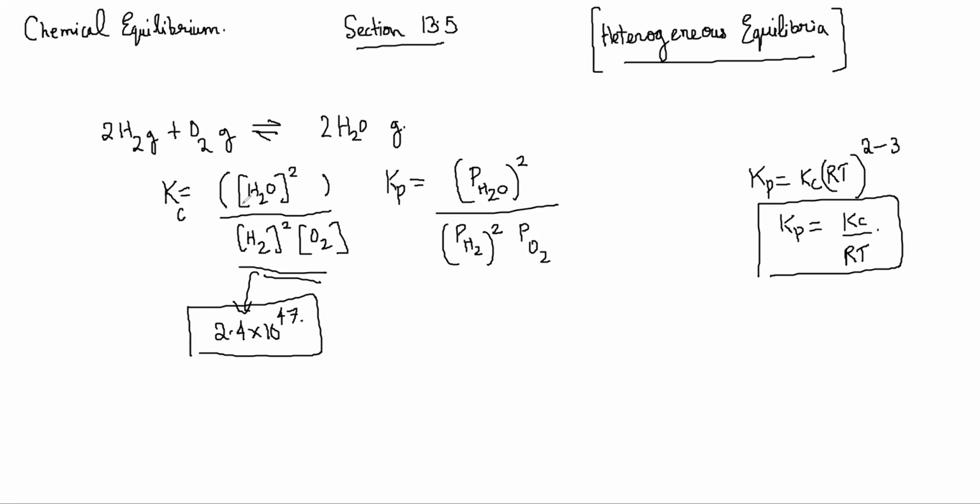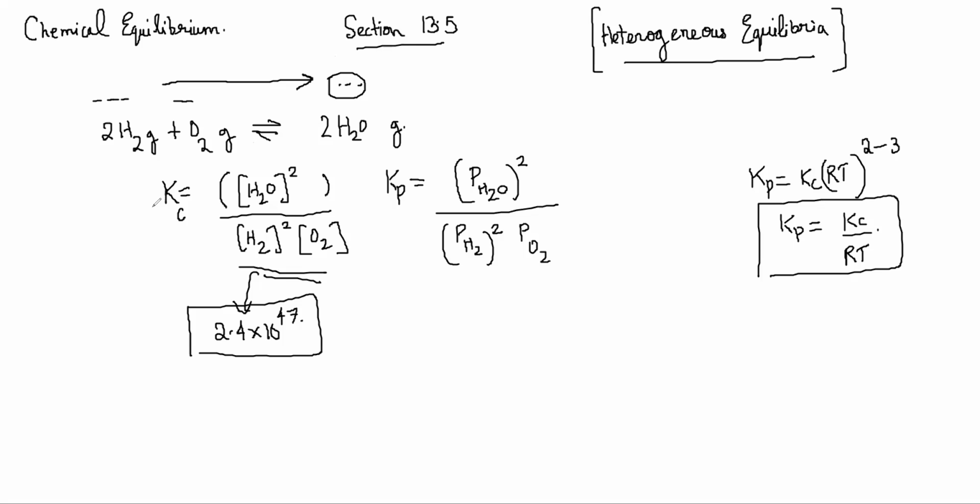So the concentration of H2O is much higher than the concentration of H2 and O2, hardly anything is left of those. That means the forward reaction has almost entirely completed and almost all of it is H2O. So that tells you the extent of the reaction.